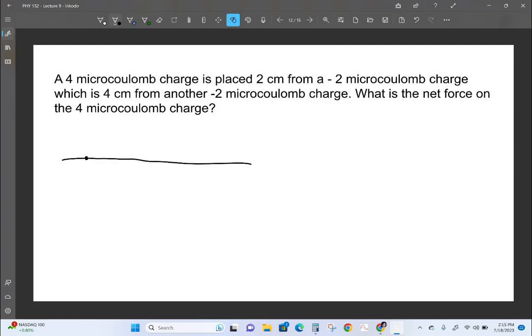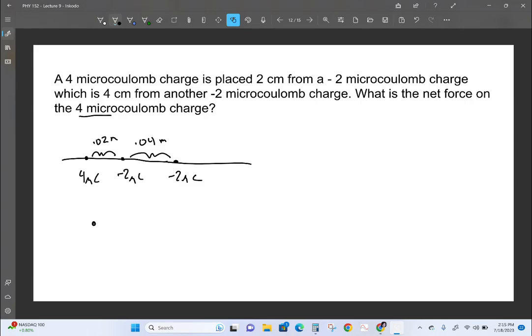So we're going to have 4 microcoulomb placed 2 centimeters from a negative 2 microcoulomb, which is 4 centimeters from another negative 2 microcoulomb. We want to know the net force on the 4 microcoulomb.